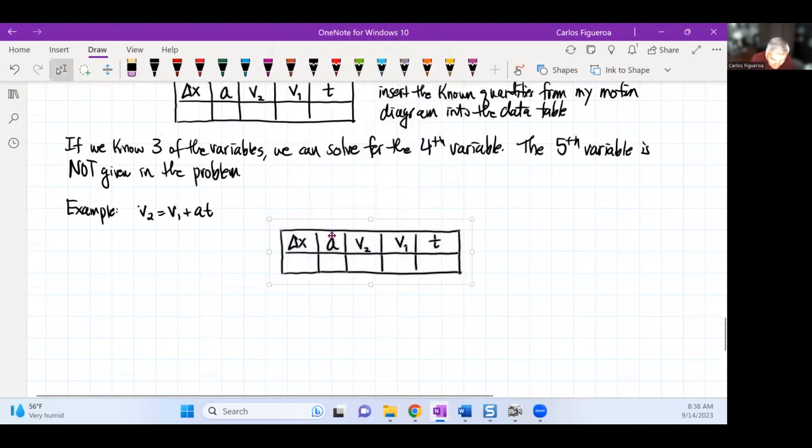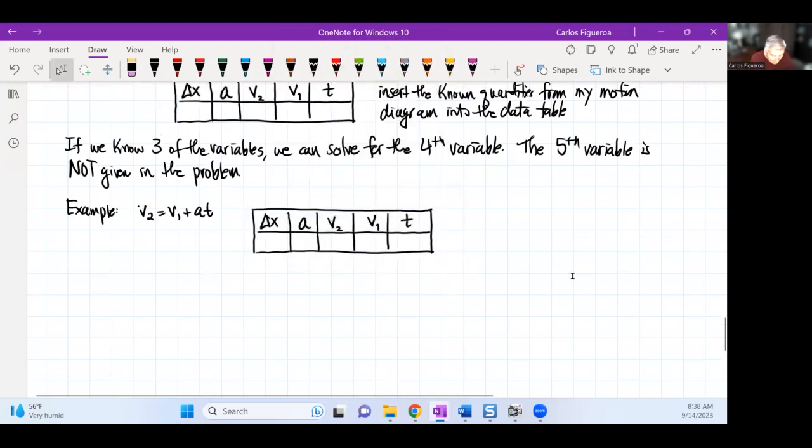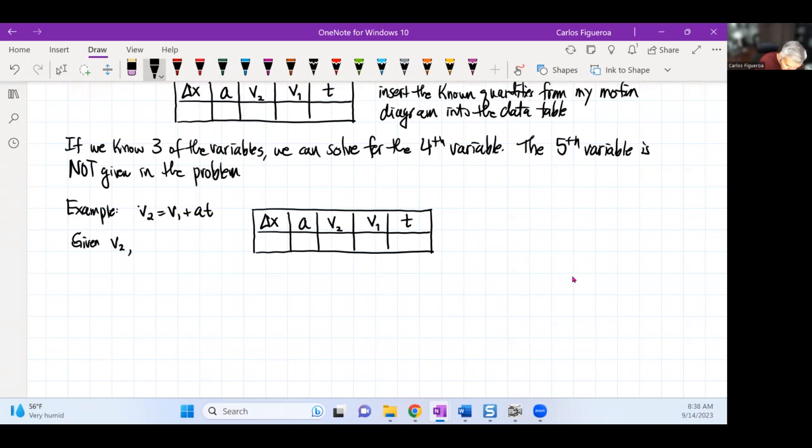So let's say that what's given here is something like this. The first thing that I would do is, let's say that in this problem, we're given V2, A, and T. So from my table, I know I've been given V2 and I put in its value.